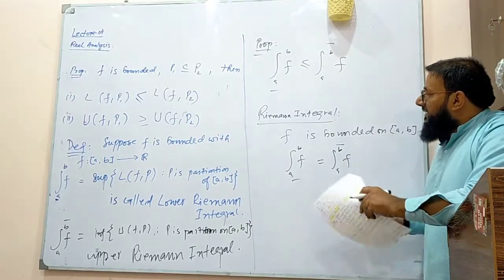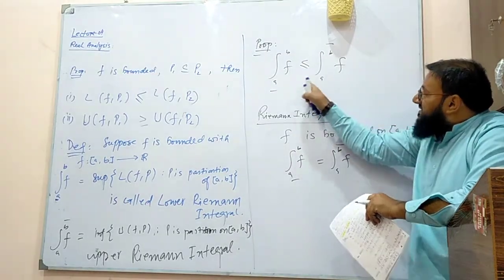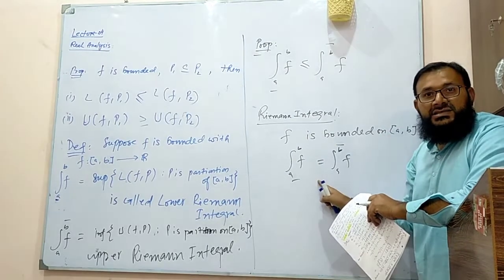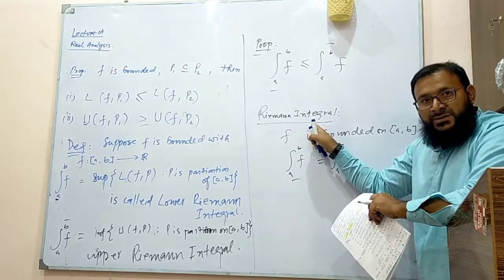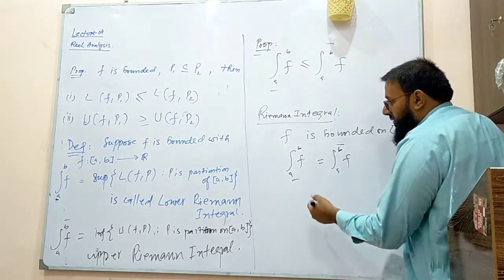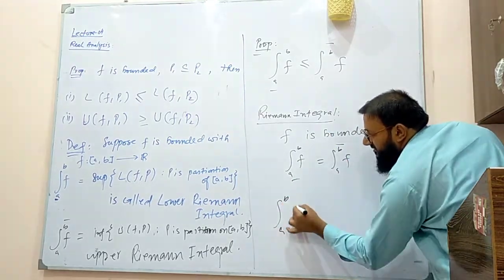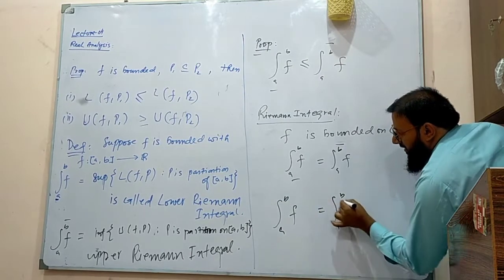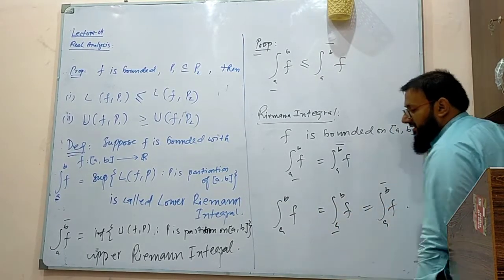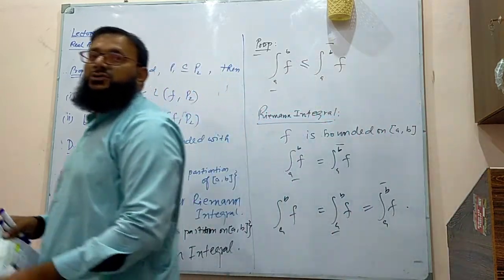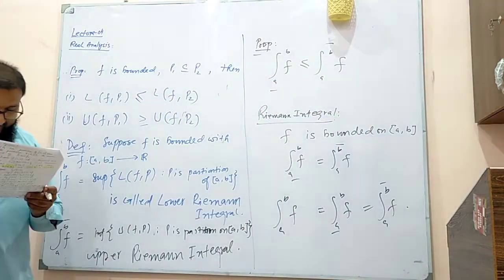The function is bounded, and if these two are the same, then we call this function Riemann integrable, and the Riemann integral of that function is the same as the lower Riemann integral, which is the same as the upper Riemann integral. This is how you define the Riemann integral.